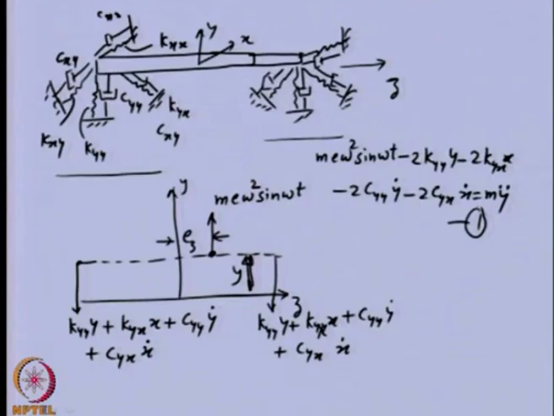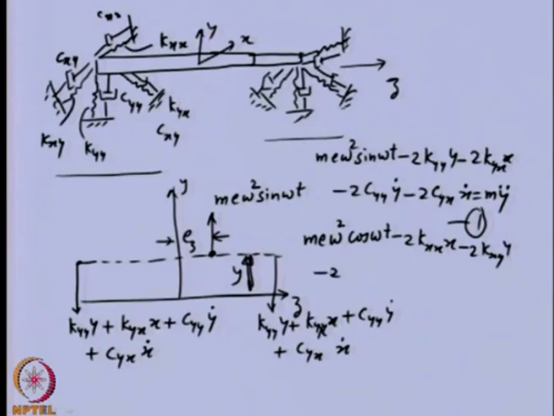Now we can write a similar equation of motion if we give a motion in the x direction, that is the equilibrium in the zx plane. The centrifugal force will be m e omega square cos omega t, and the subscripts would change here, so the stiffness terms will be kxx x and kxy y.